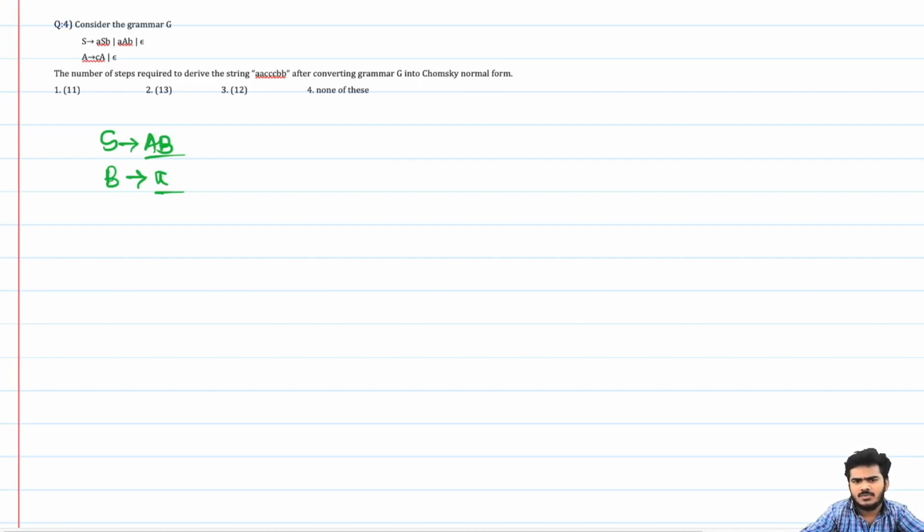So the number of steps required to derive a string, where I'm considering the length of the string by this symbol, will be 2 into the length minus 1, because the tree is binary. So that is the formula for the number of steps required to derive a string when the grammar is in CNF form. Here the length is nothing but the number of terminals in the string.